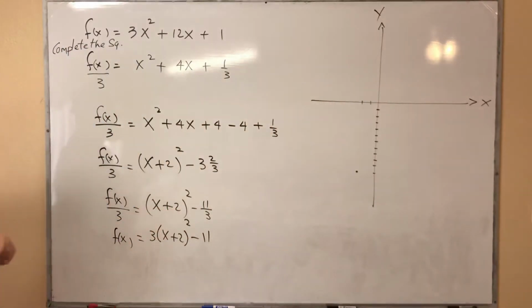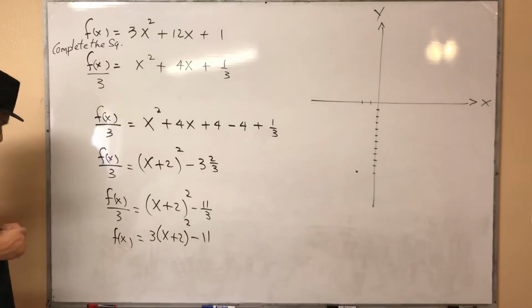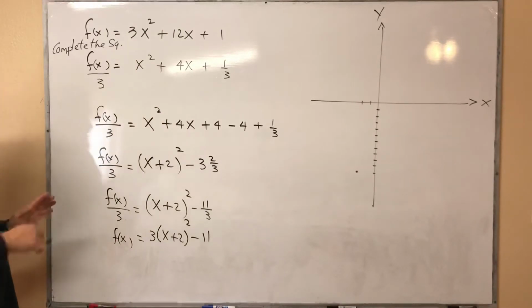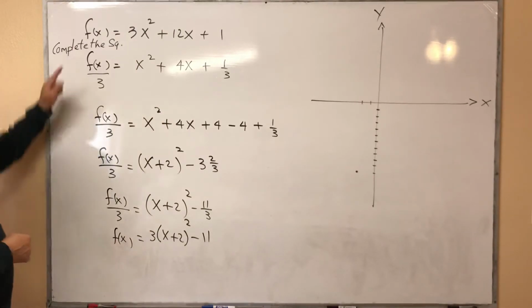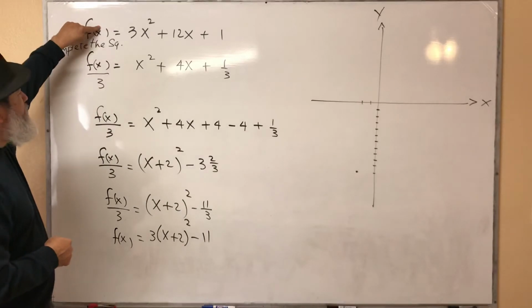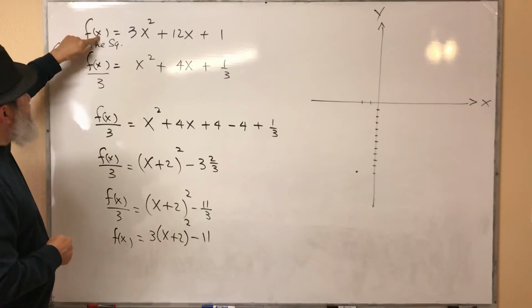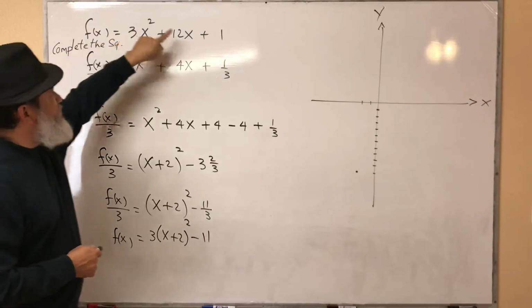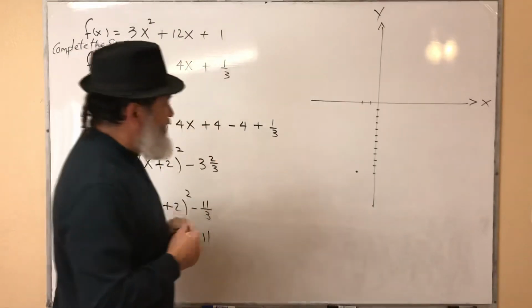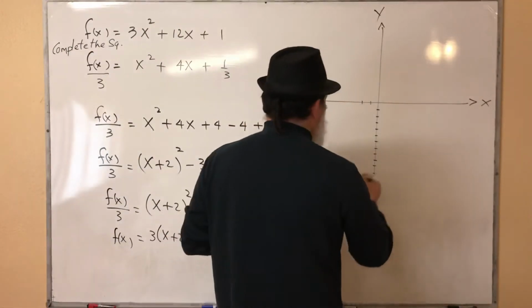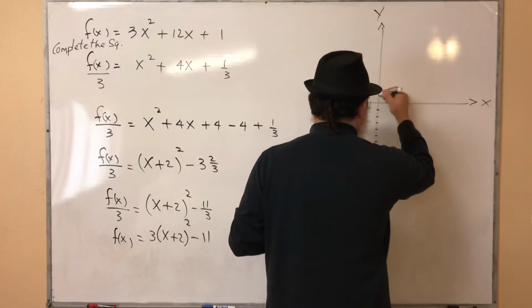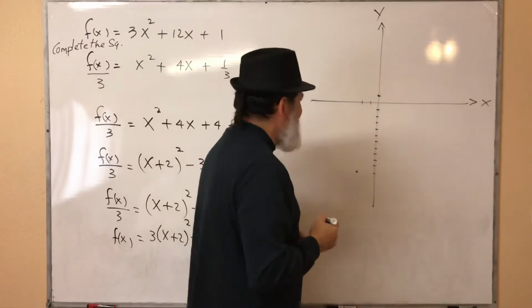It opens up. Okay? How do you find the Y-intercept? Let x be 0. For the Y-intercept, let x be 0. Okay? If x is 0, that's 0, that's 0, 1. When x is 0, y is 1. Okay?